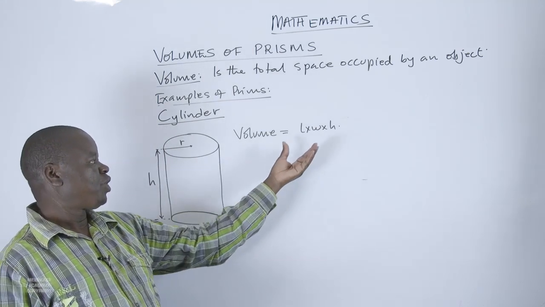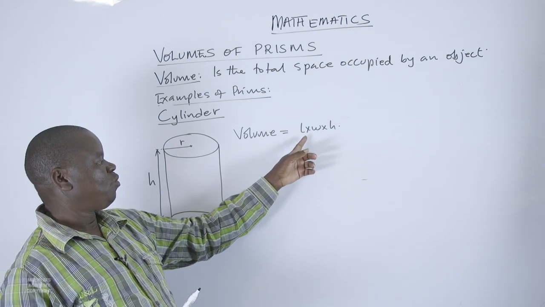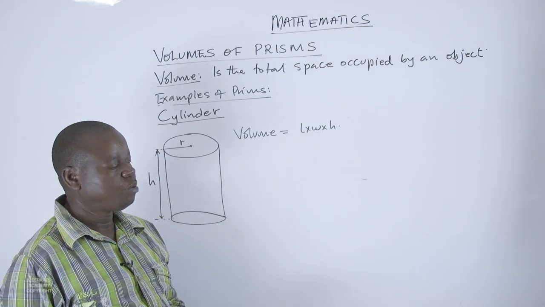We start from that premise that volume is equal to length times width times height. That is the premise we start from.